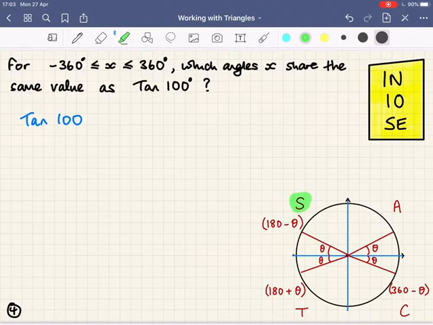And in the second quadrant, the tan ratio will give a negative value. So I know that I must be looking in the second quadrant, and in this case, the fourth quadrant. These are the two quadrants where tan gives a negative value. And the next thing I need to look at is, what's the value of theta then? If I've got an angle for tan 100, what is the value of theta in the first quadrant that it came from?